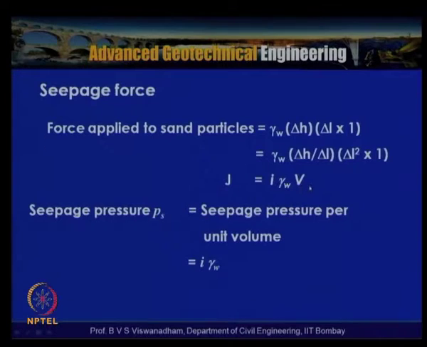I is the hydraulic gradient, defined as delta H by delta L, where delta H is the drop between the left hand section and right hand section, as shown in the previous slide. V is the volume of the fluid phase, which is delta L into delta L into 1. Seepage pressure is given by the seepage force per unit volume, which is I gamma W.